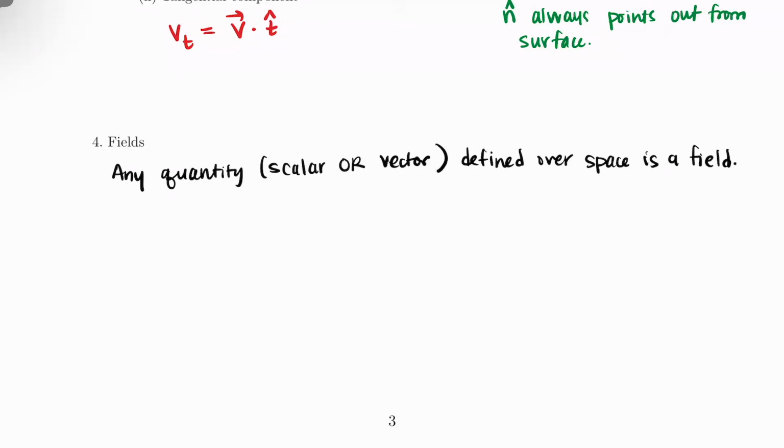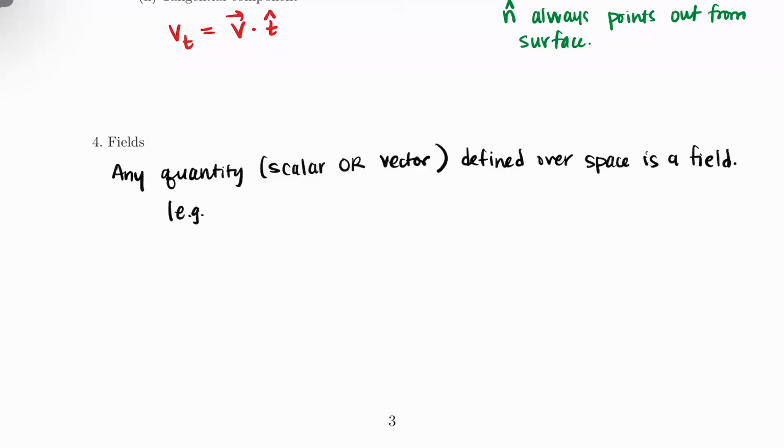For example, if we wanted to consider the temperature or the velocity of the air in this room that we're in right now, the air in here has a temperature and a velocity at every single physical location in space. And we can define both those things relative to all of the spatial coordinates that we're used to working with, so X, Y, Z, and then also time.